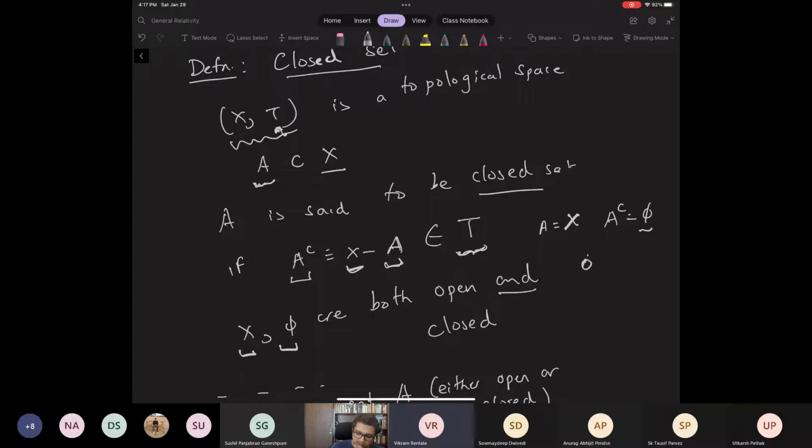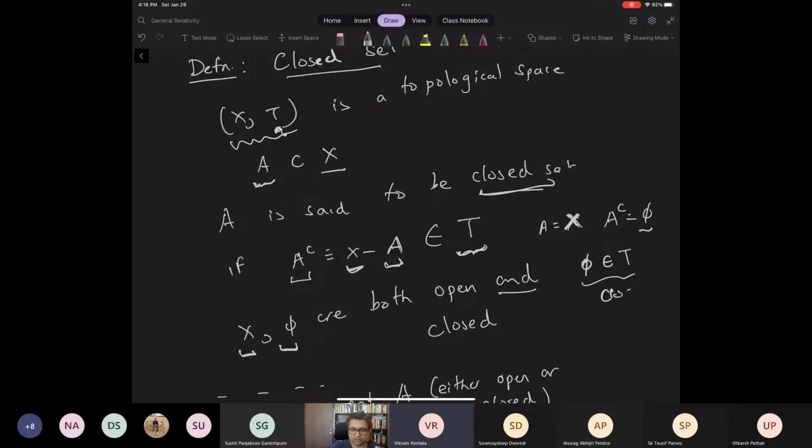And the null set is closed because it belongs to T, since by definition T must contain the null set. Therefore under this definition X is closed.